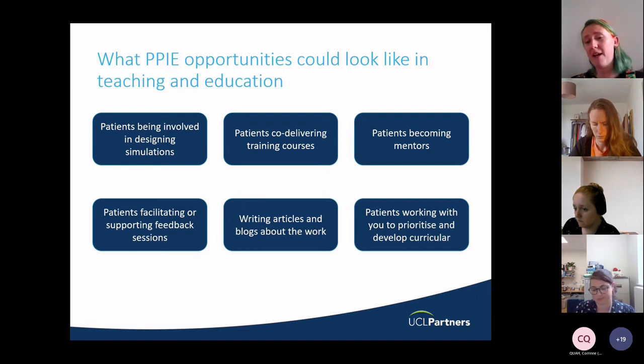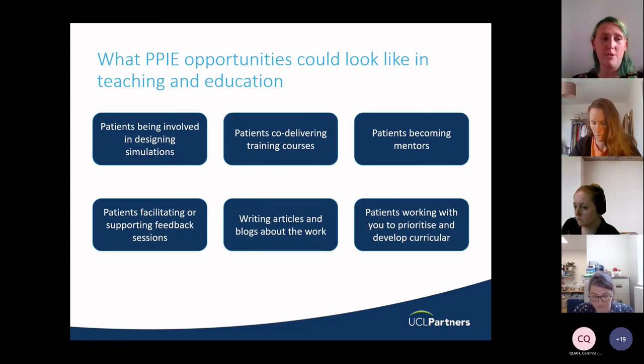You could have patients become mentors. When I worked at Queen Mary, we set up a patient mentoring scheme, and patients mentored some of the medical students for a couple of years. It was such an amazing experience. The patients said how much it empowered them, and it made them feel that the new generation of doctors were going to look at patient care a little bit differently, and that it humanized the entire process of medicine for them.